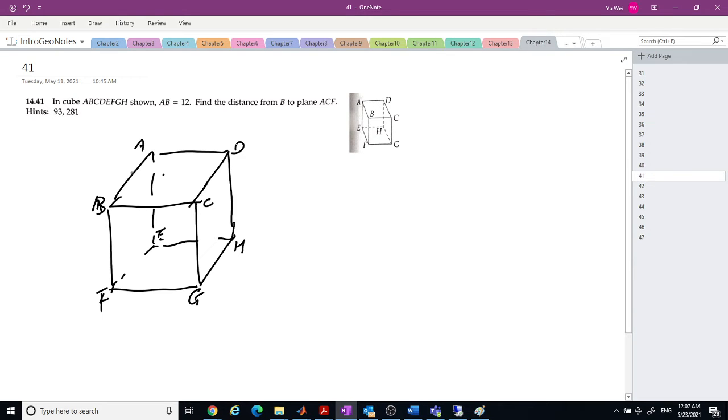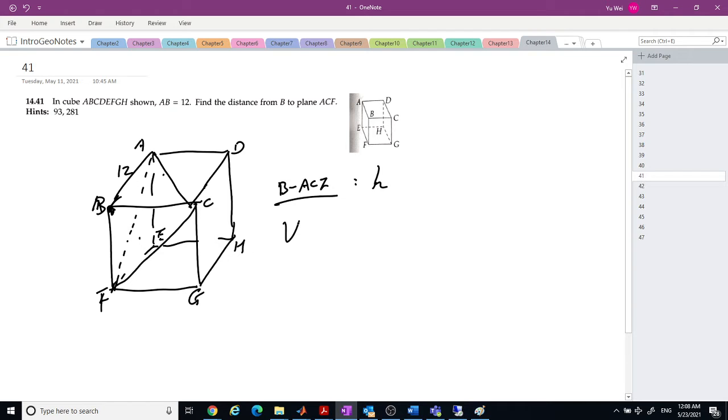So every line is 12, so find the distance from the B to the plane of the ACF. Okay, so B to the ACF, we can use the 2 ways to solve the volume. And let's see, this is the H, right? So B to the ACF, let's see, it's H.